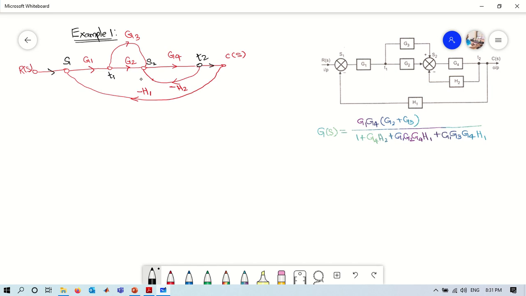So let me take the forward path 1, which starts from R of S, then G1, G2, G4.